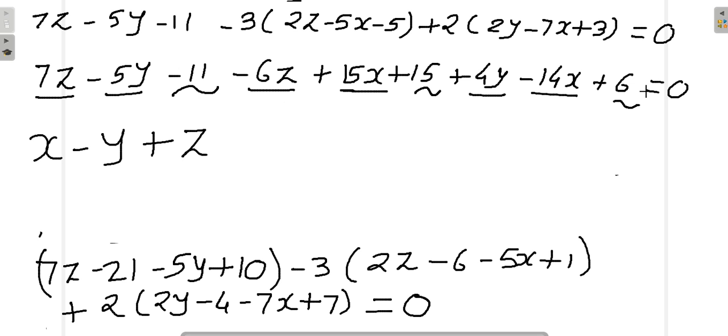I think again some mistake has been made. Can't find a mistake, but please see, the answer must be x minus y plus z is equal to 2.